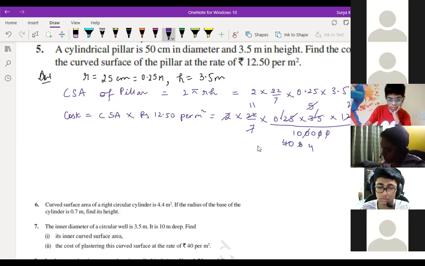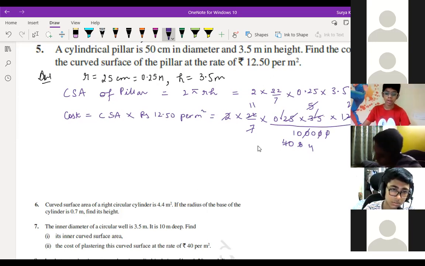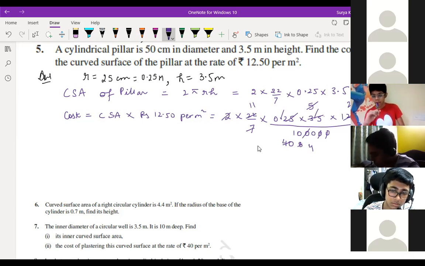So it's coming 25 into 11 by 4, children. 25 into 11 is what? 25 ones are 25. Sir, I'm getting 68.75. So 4 6s are 24. Sir, I'm getting 137.5. What is the answer given, children?